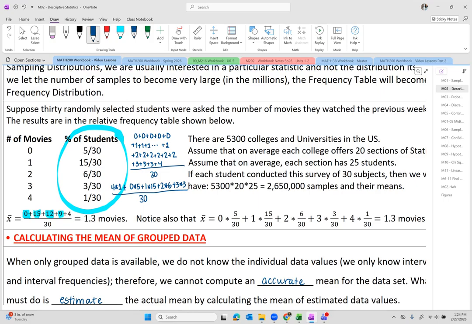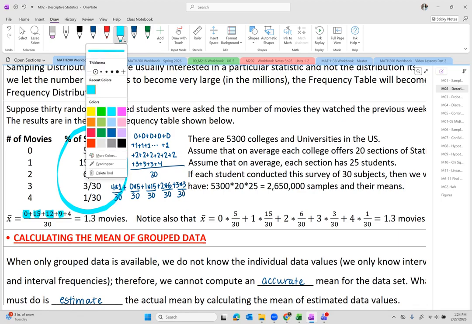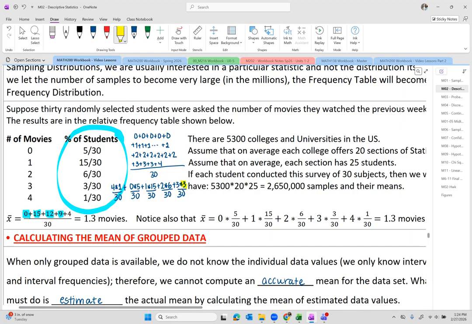There is another option, and that other option is to actually take every single one of them and divide it by 30. So create 5 separate fractions, each one divided by 30. And when we do that, every one of our data values is multiplied by its relative frequency: 5 out of 30, 15 out of 30, 6 out of 30, 3 out of 30, and 1 out of 30.